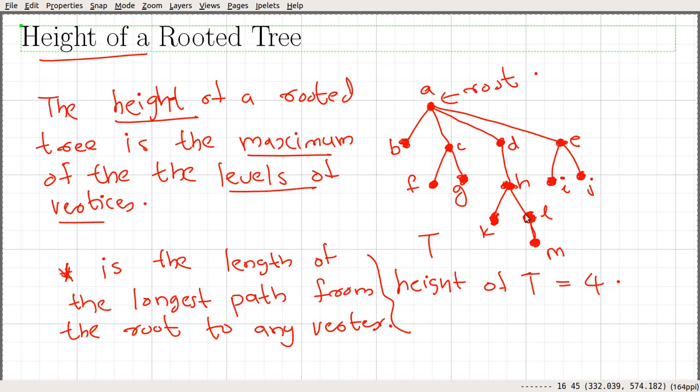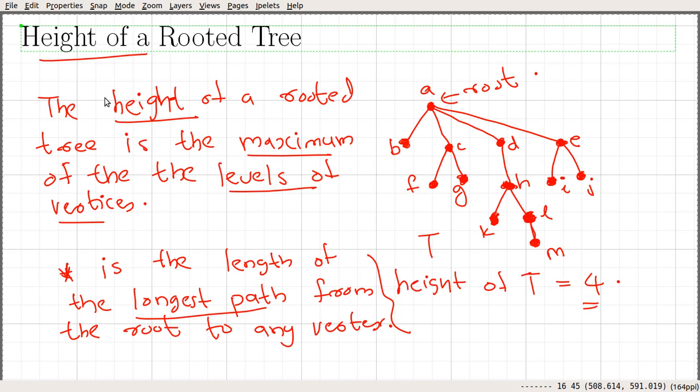If you consider this tree and the length of the longest path from the root to any vertex, that will be the height of the tree. You consider all the lengths, and the longest one is A to D, D to H, H to L and L to M. The length of that longest path is 4, and that says the height is 4. That's how we define the height of a rooted tree.